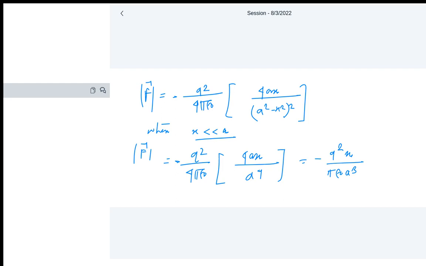This is the magnitude of the resulting force on charge Q.